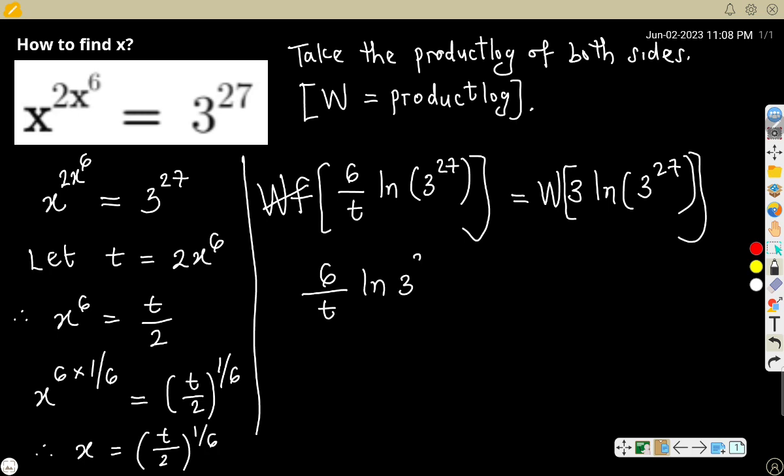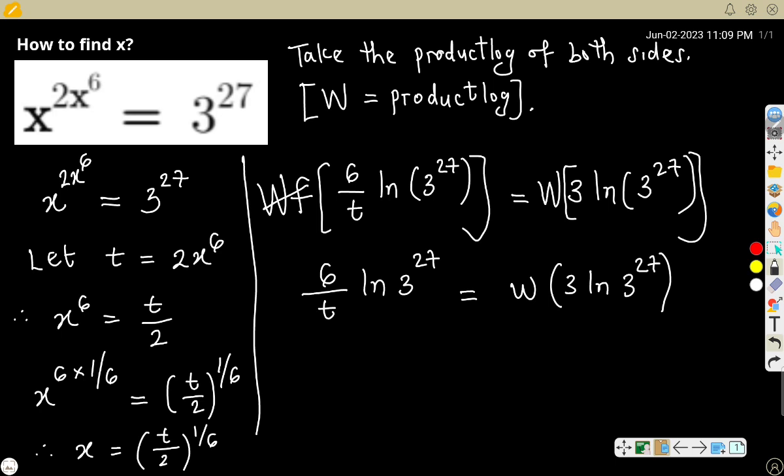ln 3 raised to power 27 is equal to W, 3 ln 3 raised to power 27. You know that 27 can go to the back.